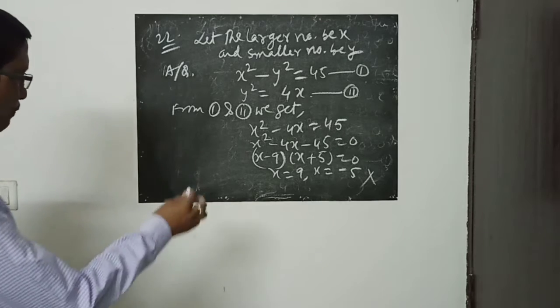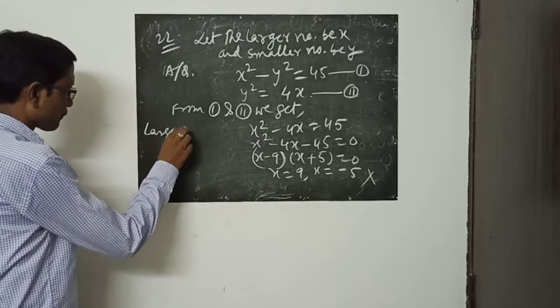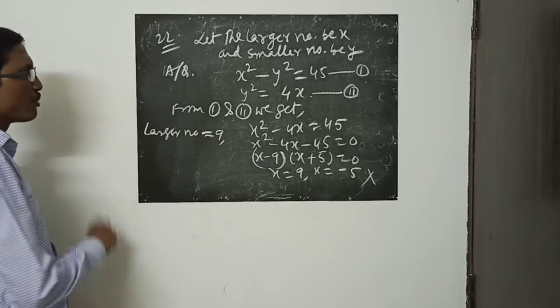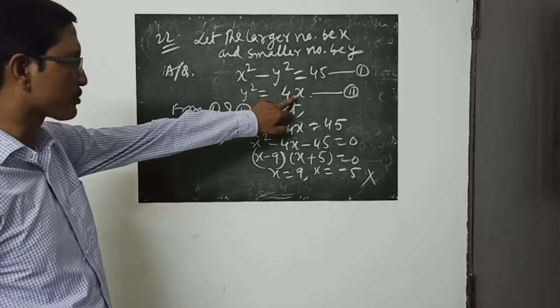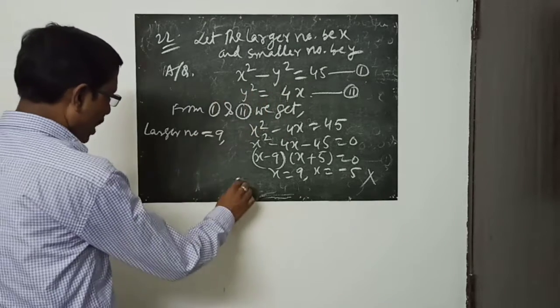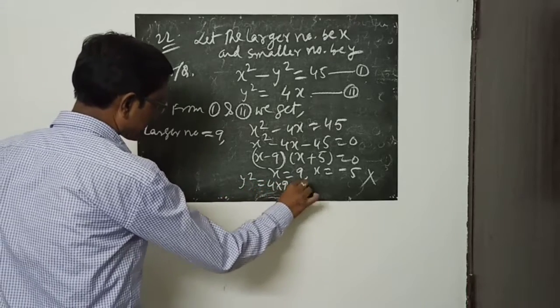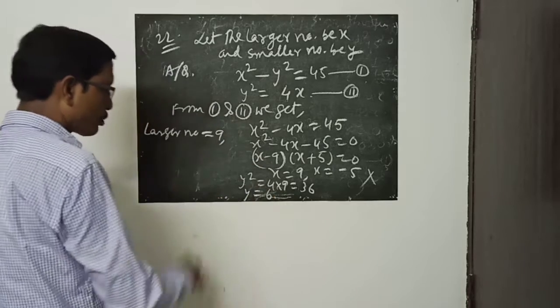Okay. So therefore, the larger number is equal to 9, and what will the smaller number be? Smaller number: y square, if we take the positive square root, y square becomes 4 into 9, that is 36. So ultimately, taking the positive square root only, it will be 6.